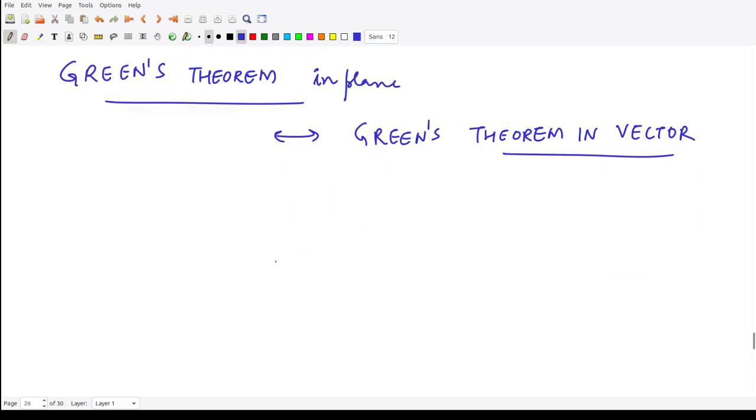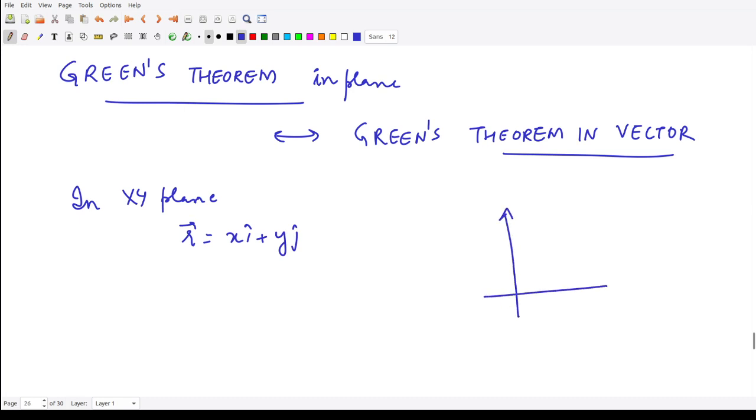So for doing that, in the xy plane, if I define the vector r to be x i cap plus y j cap, because we are now in the xy plane. So the position of some point P here having coordinates x and y would be given by the position vector r, whose components would be x i cap, because in this direction we have unit vector i, here we had unit vector j, plus y j cap.